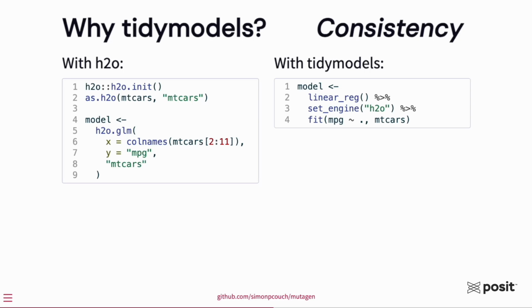I need to convert that mtcars dataset to a dataset that's compatible with H2O using as.h2o. And I assign a label to that dataset, the string mtcars. And then I pass that string as the last argument to H2O's linear model function, h2o.glm.